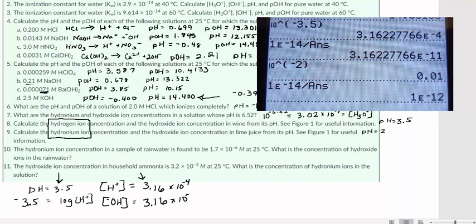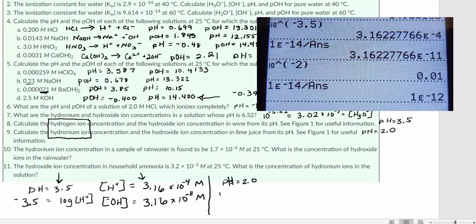So for number 9, we're going to do something very similar, except my pH, because it looked okay, I'm not sure, but I'm going to call it 2.0. So then I can find my hydrogen ion concentration by taking the inverse log. So on my calculator, again, that was second and then the LOG button.